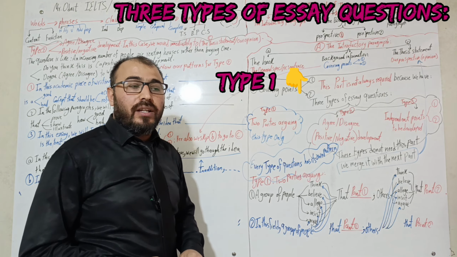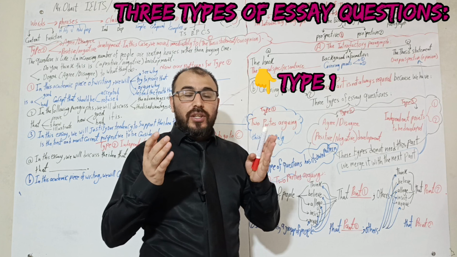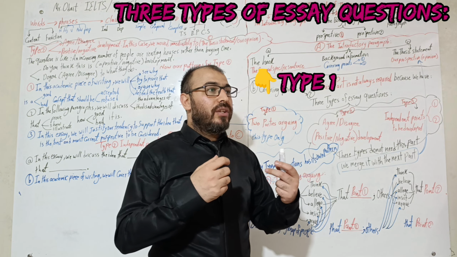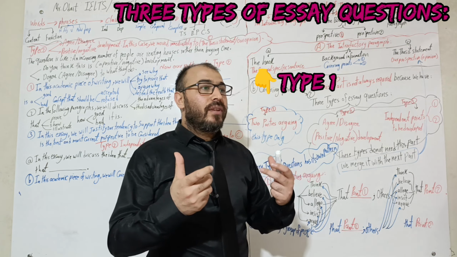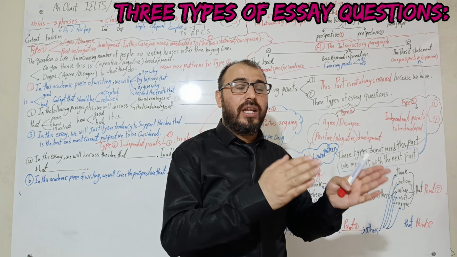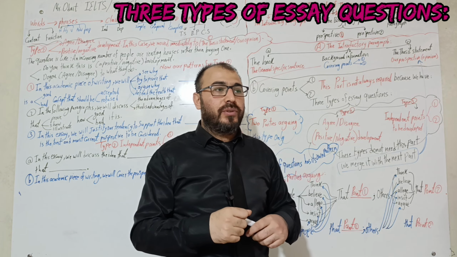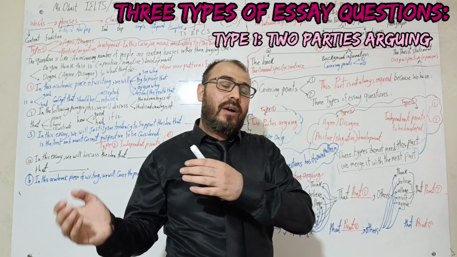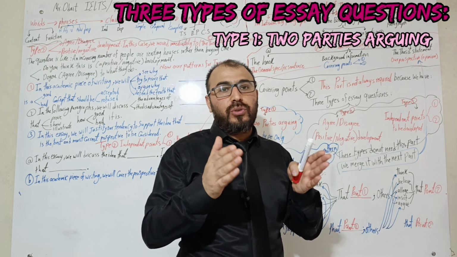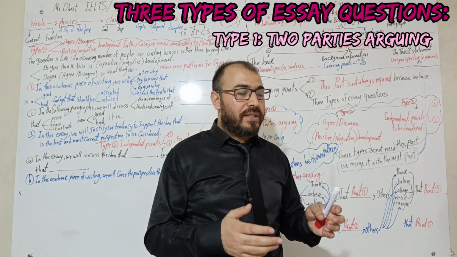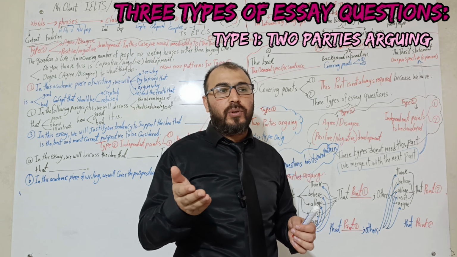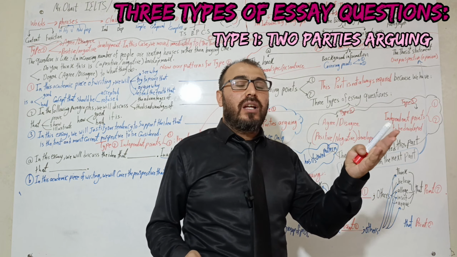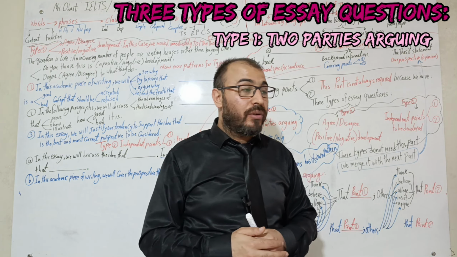In this type of question, you see that two parties are mentioned. Each party prefers to support a perspective, while the other prefers to contradict it. For example, one party supports buying a house, not renting one, while the other supports renting a house, not buying one.